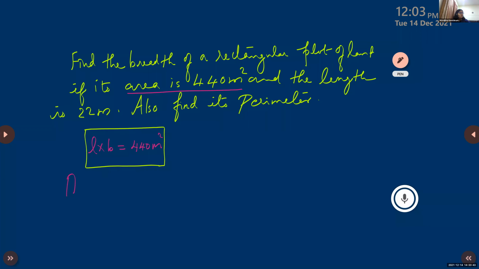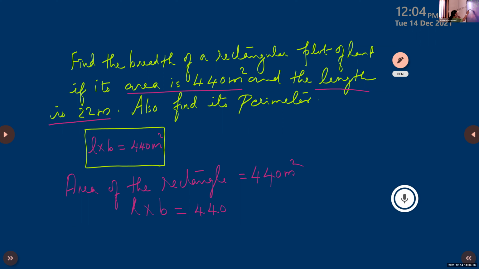So area of the rectangle is given as 440 meters square. That is length into breadth. Now, what is length given? Length of the rectangle is 22 meters.